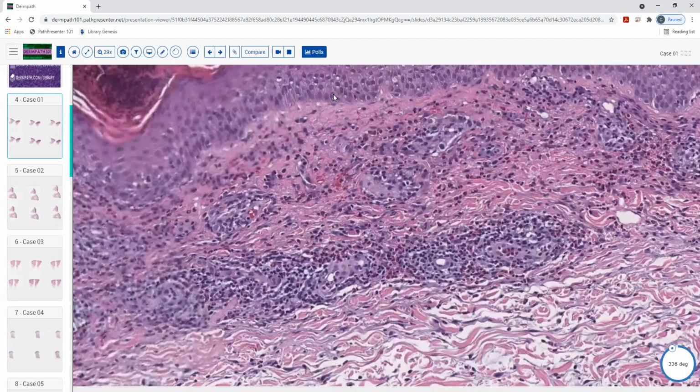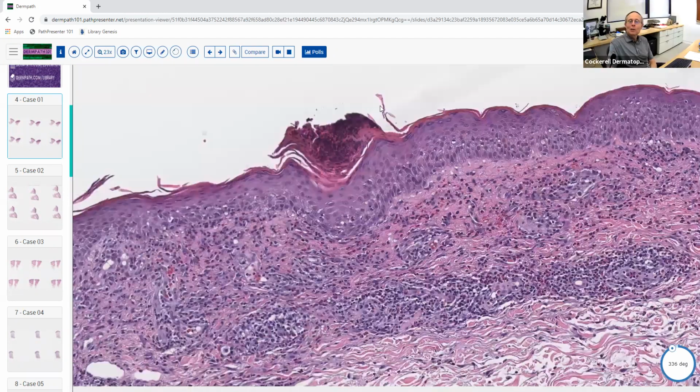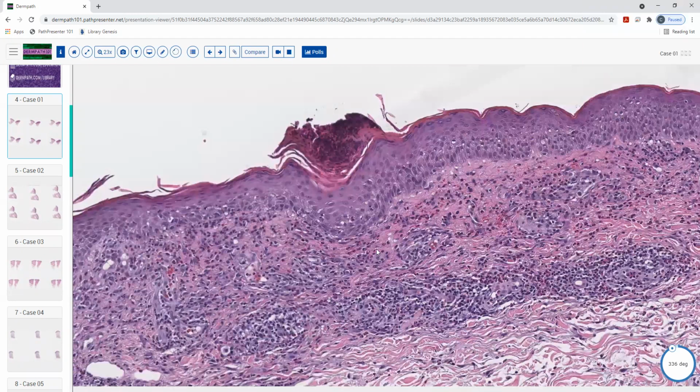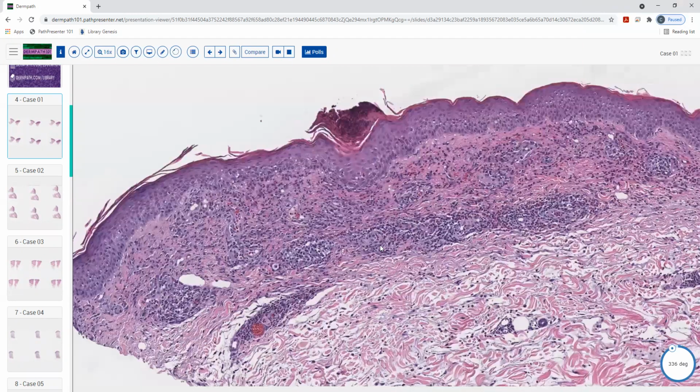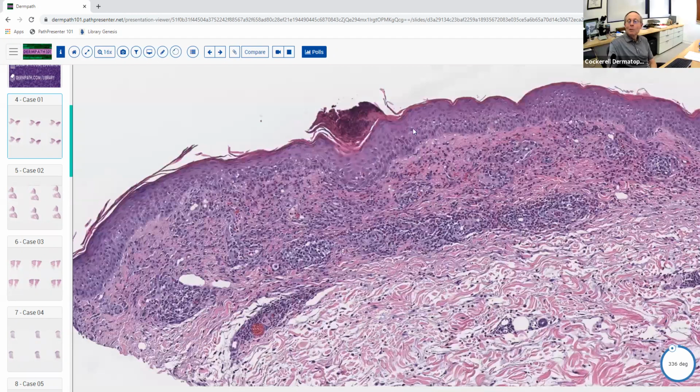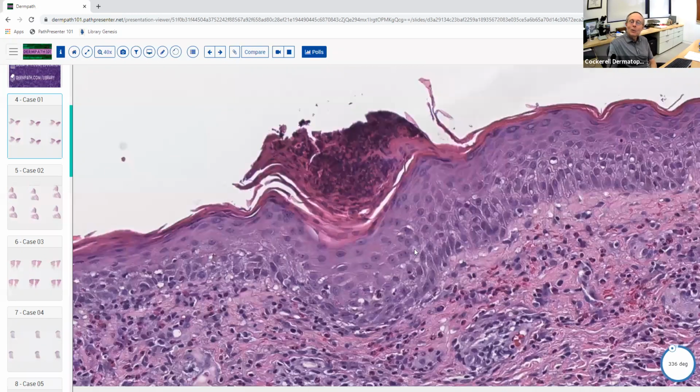And so just based on this little structure right there, is that an organism? That does not look like an organism. No, that's not an organism there, but you are right. There is an organism. I just didn't want to spoil the diagnosis so quickly.